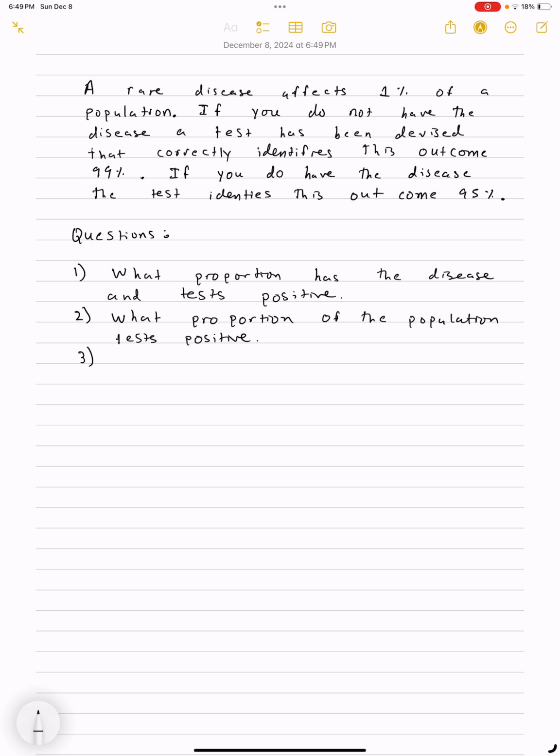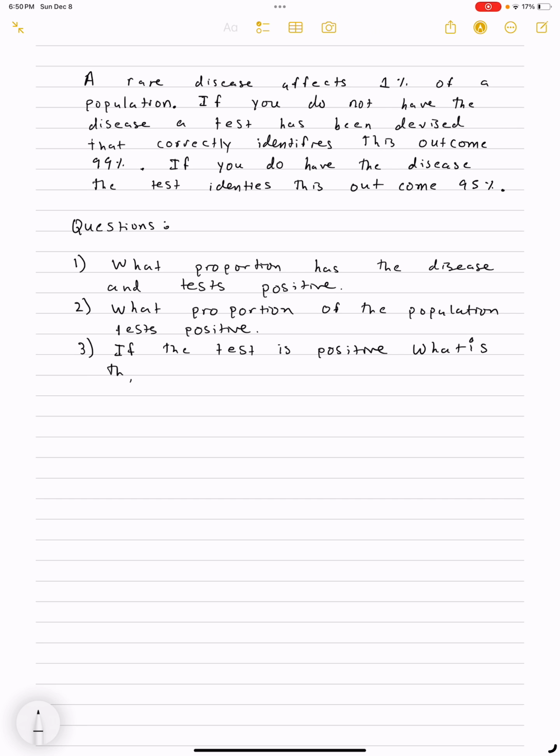And then the final question asks this: if the test is positive, what is the probability the individual has the disease?